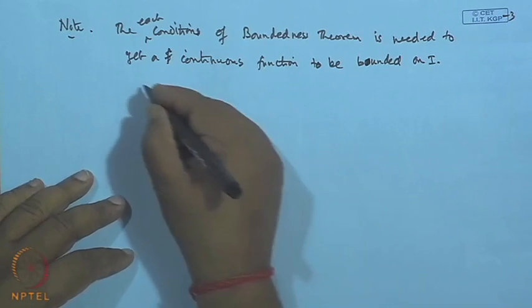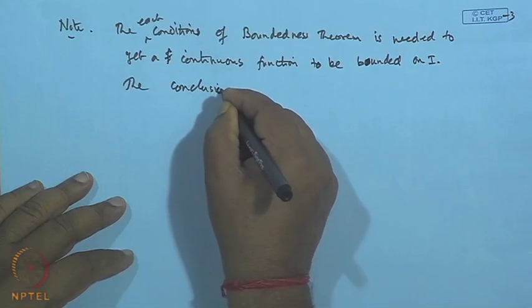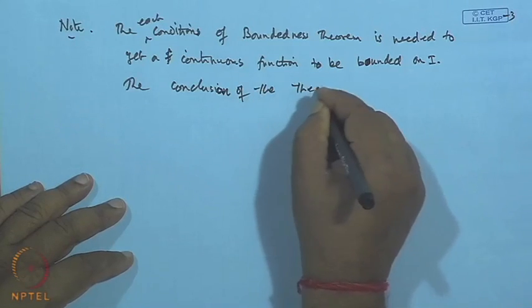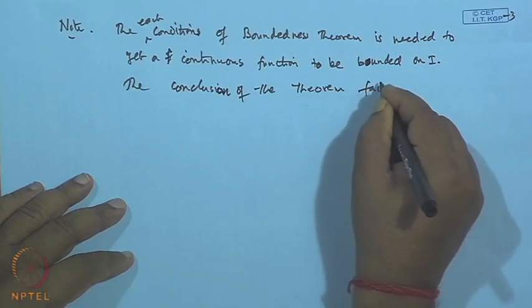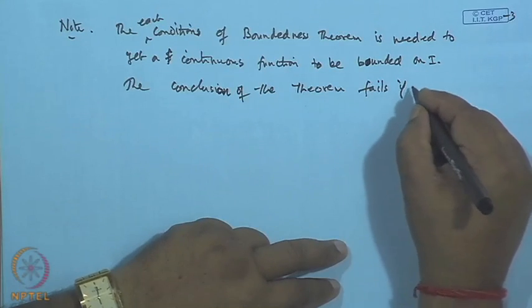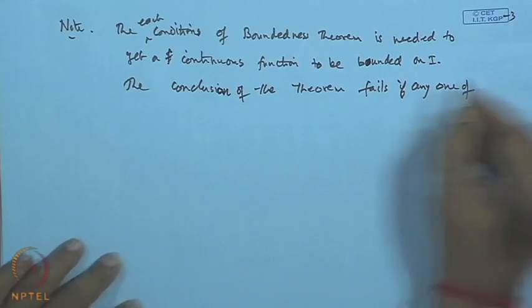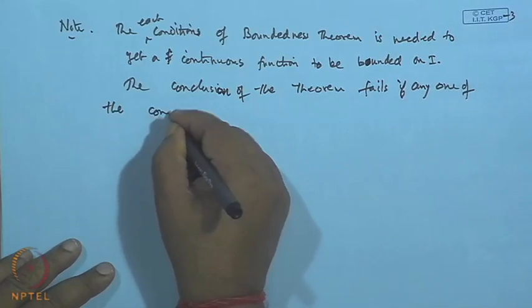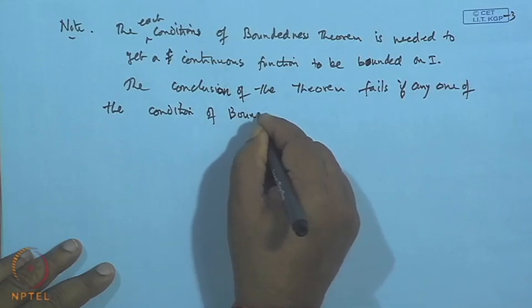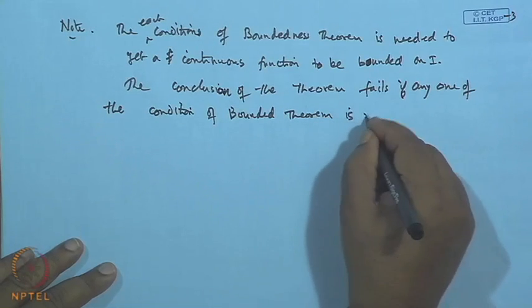The conclusion of the theorem fails if any one of the hypotheses, or any one of the conditions of the boundedness theorem, is relaxed.